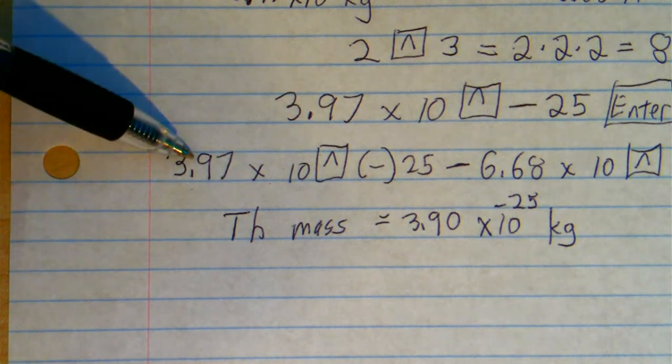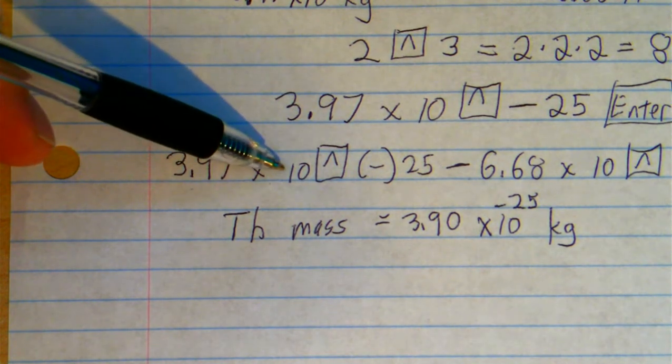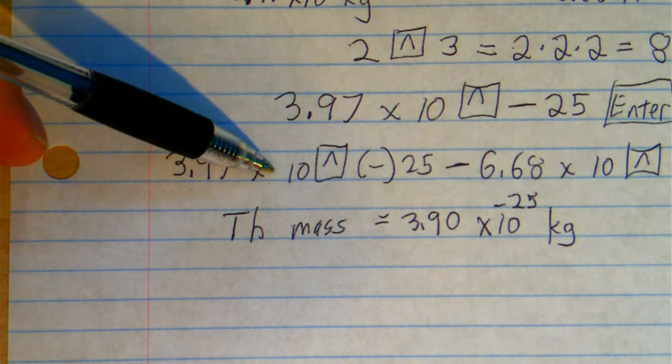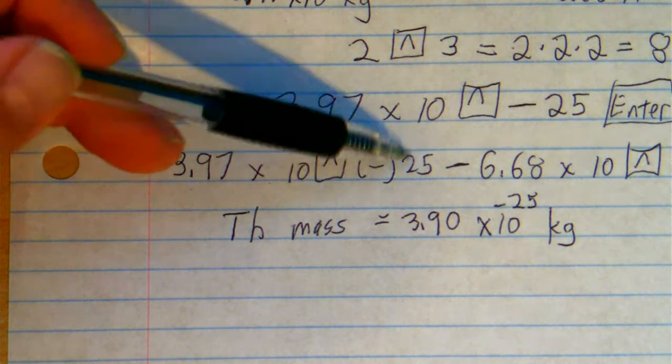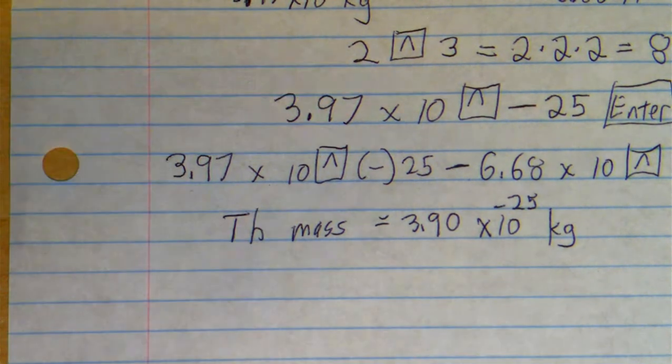Here's 3.97, and really it thinks that this is times 1 times 10 to the negative 25th power. And you're saying, well, there's nothing wrong with that, but there is.